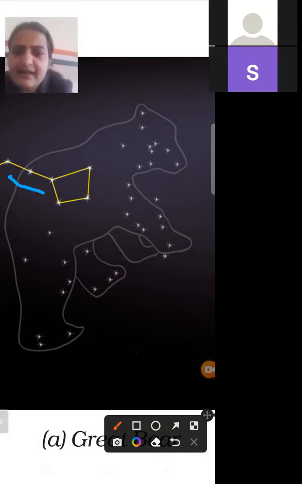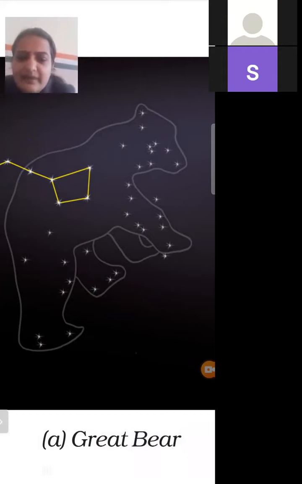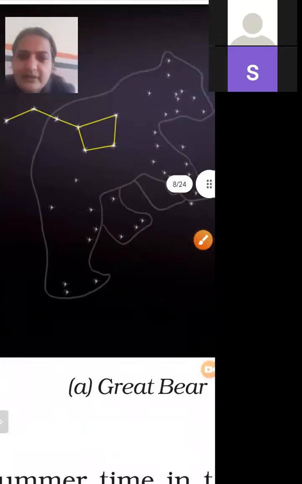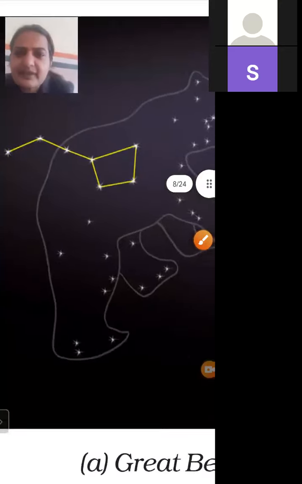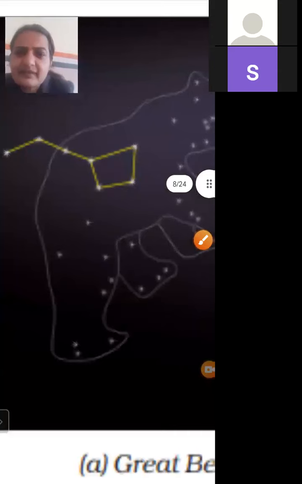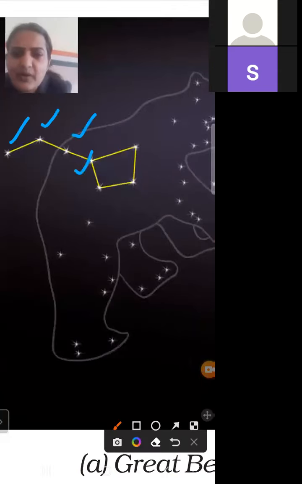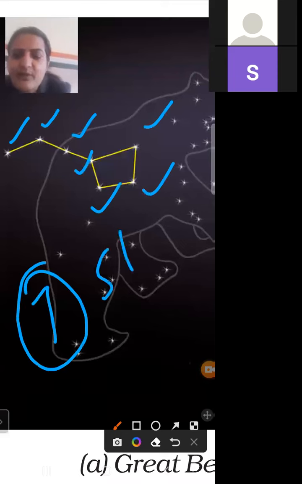Three stars are at the handle and the remaining are on the outer side. So you have to remember there are 1, 2, 3, 4, 5, 6, 7. There are 7 stars in the Ursa Major.